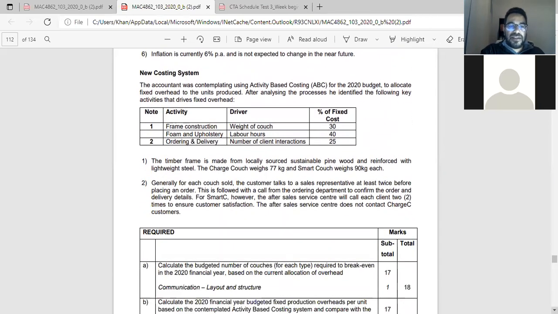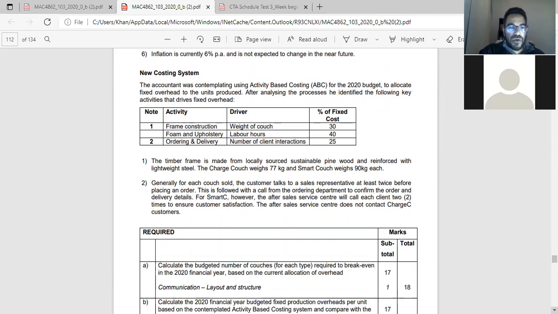The new costing system: the accountant was contemplating using ABC for the 2020 budget to allocate fixed overheads to the units produced. After analyzing the processes, he identified the following key activities that drive fixed overhead.